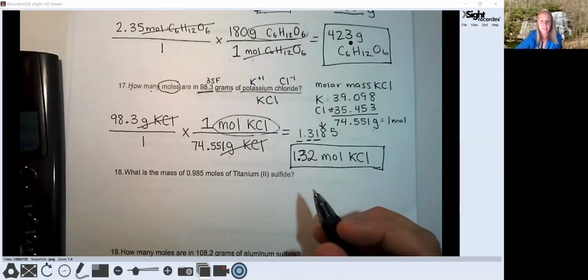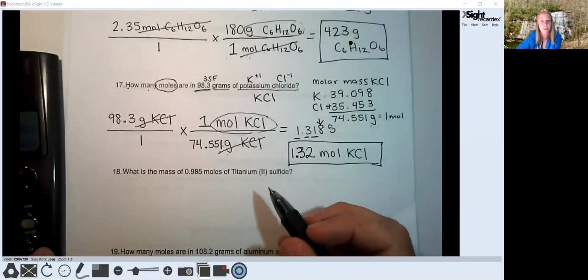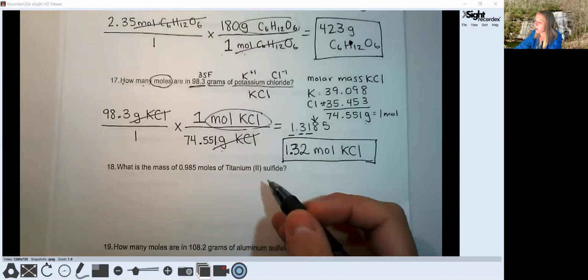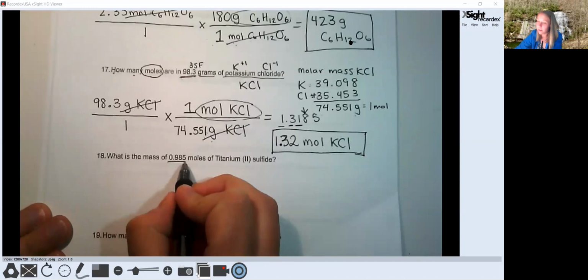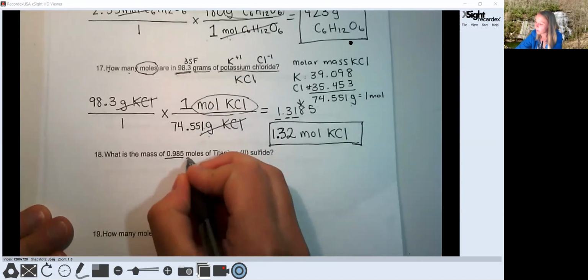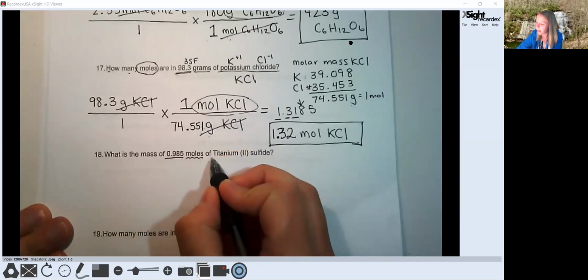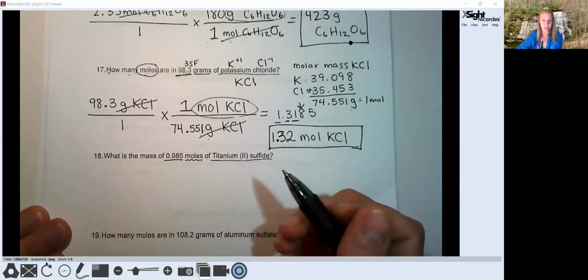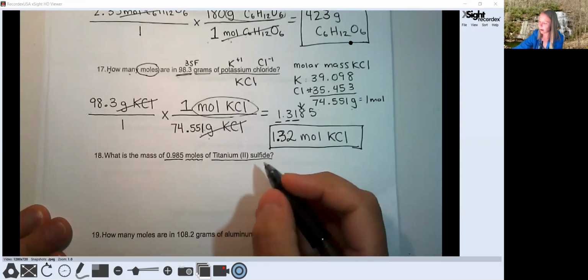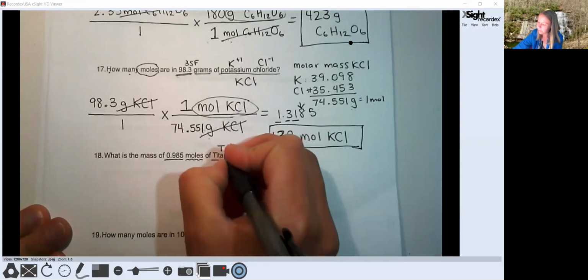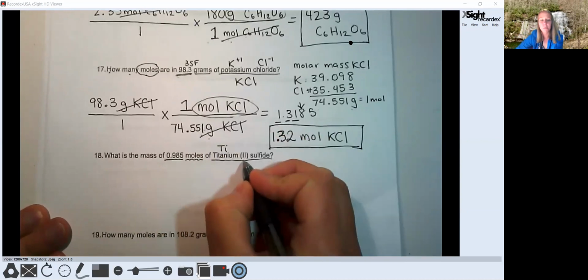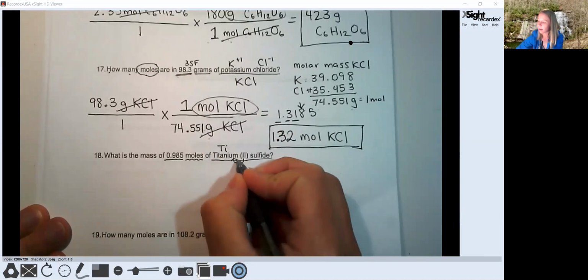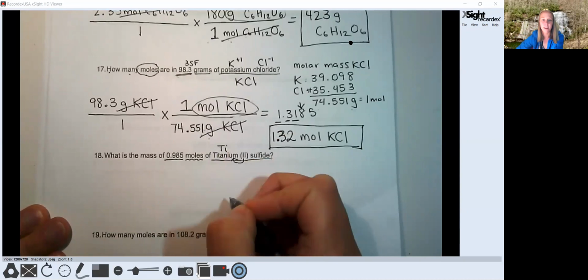Okay, so 18, what is the mass of 0.985 moles of titanium(II) sulfide? So we have our value, our unit, moles, and then our substance, titanium(II) sulfide, but we need to figure out what that formula is, so that means we're going to have to crisscross. Titanium is Ti, and remember that Roman numeral in parentheses tells us the charge of our metal.